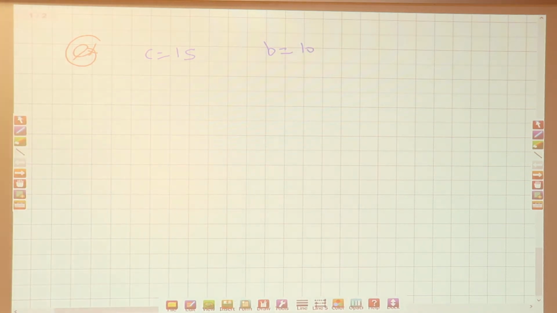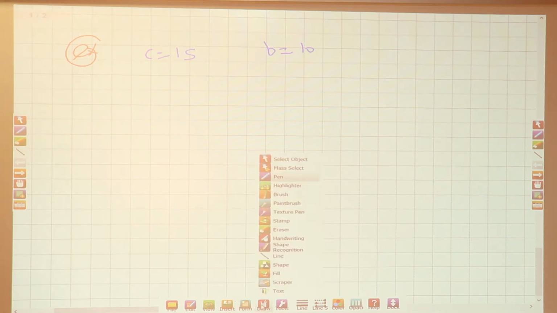Let us graph this triangle first. We don't know, but let us draw.